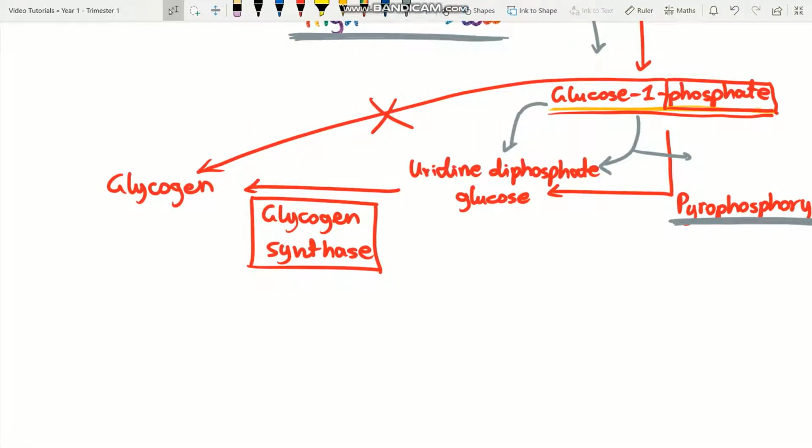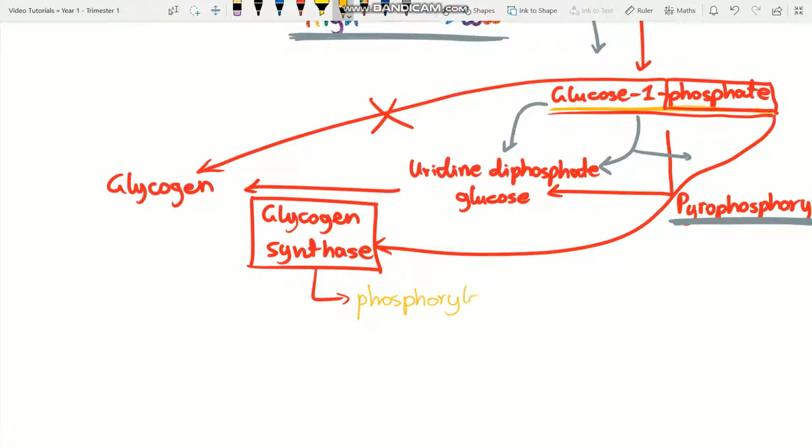If you've ever learned about DNA transcription, you would know that RNA polymerase has to be phosphorylated in order to be activated. And it's the same concept here. Essentially, glycogen synthase is able to take this phosphate group for itself, become phosphorylated, and therefore activated. And glycogen synthase allows these glucose 1-phosphate molecules, which will become glucose molecules, to join to one another in order to form glycogen.